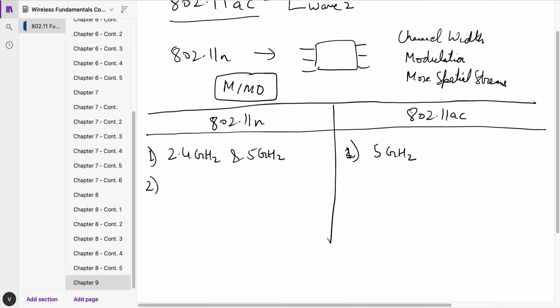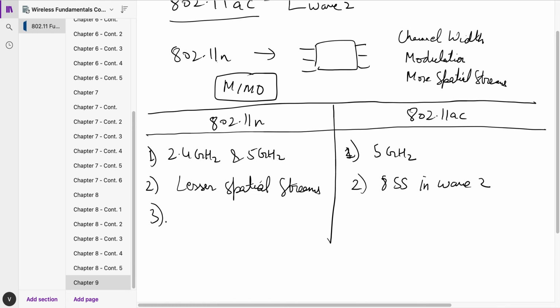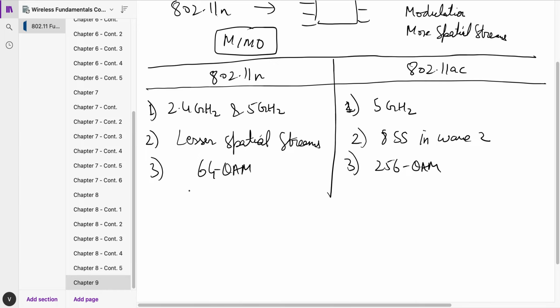The second difference is that in .11n we had fewer spatial streams, 3x3, right? But in .11 AC, we can go all the way up to 8 spatial streams in wave 2. That's an advantage. In .11n, we had modulation of 64 QAM. In .11 AC, we have the modulation of 256 QAM.